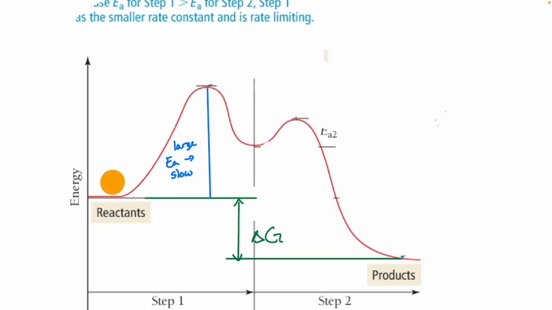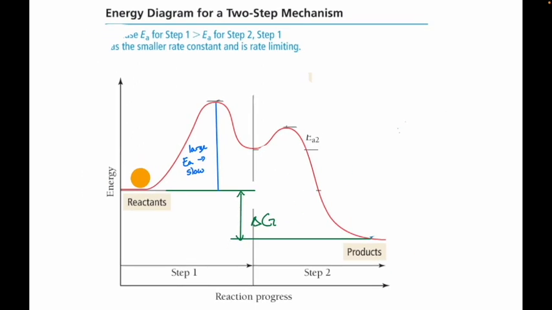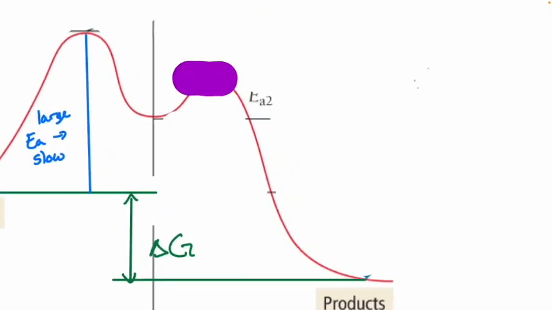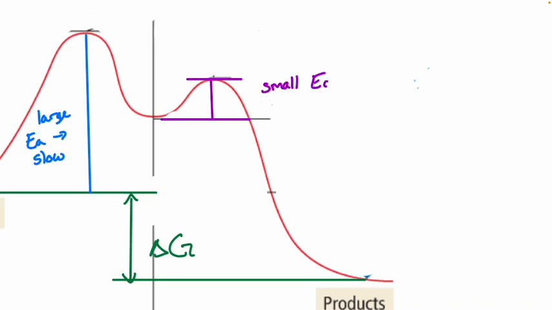right? So this also has this second step where my activation energy is much lower. All right, this is a small activation energy, meaning a fast step here.